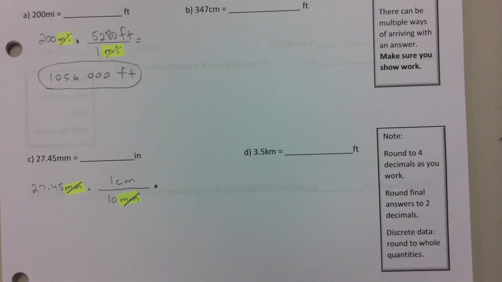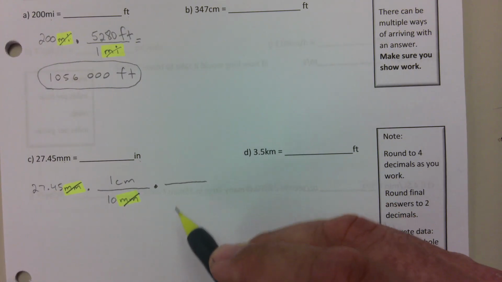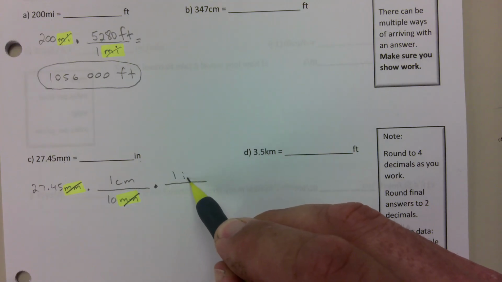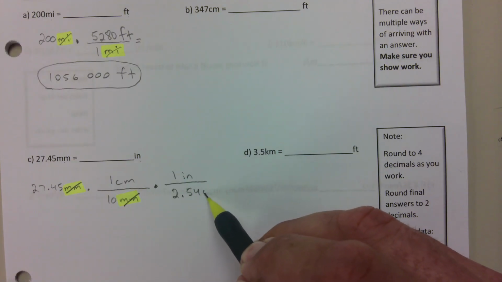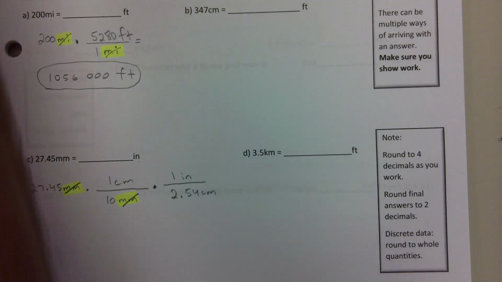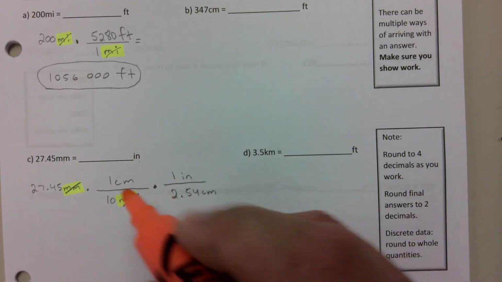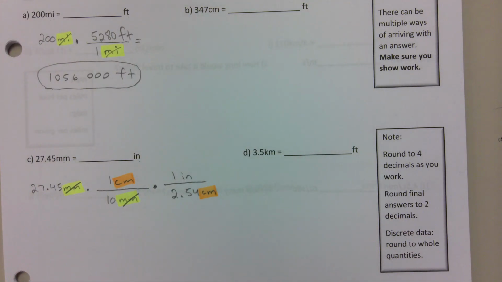Okay? So I'm going to do one more conversion where I know that 1 inch has 2.54 centimeters. And there's another cancellation that will happen, right? Centimeters and centimeters are canceled.